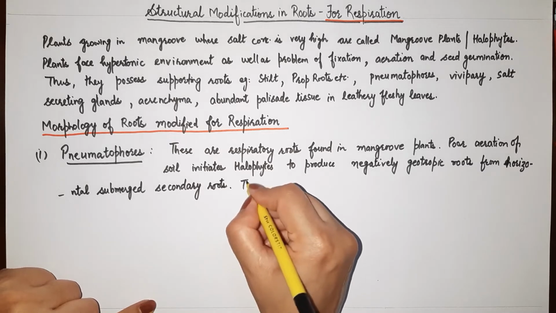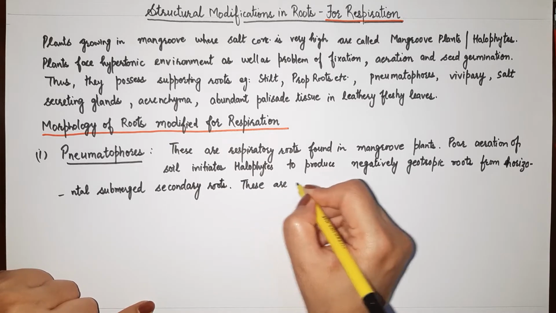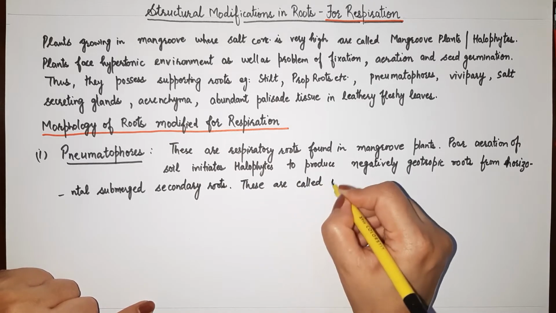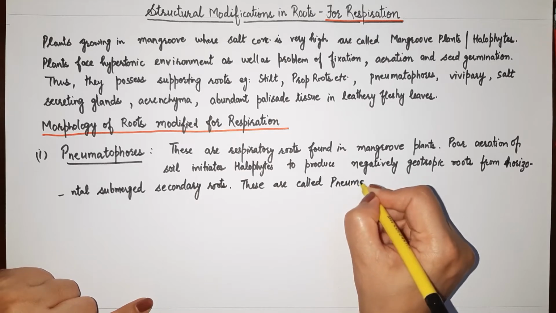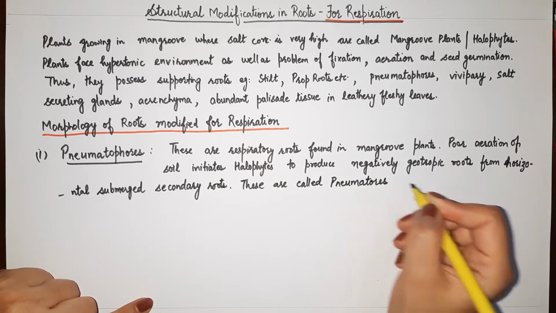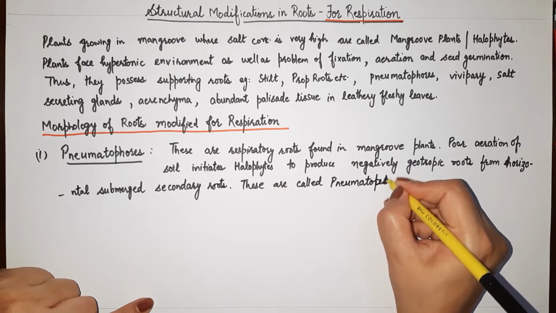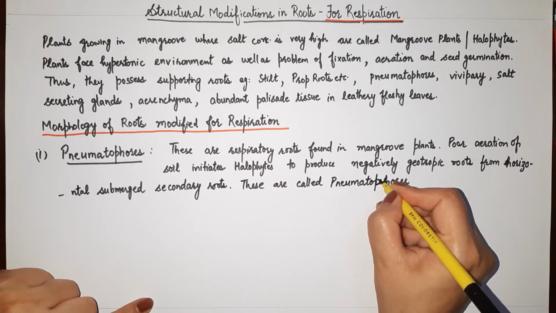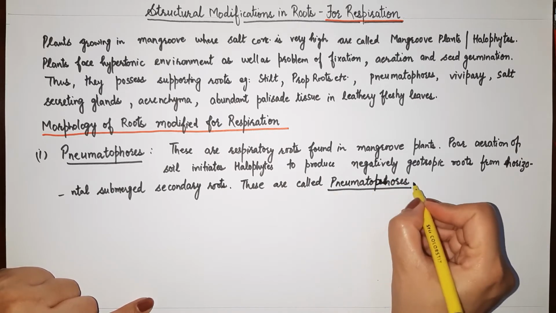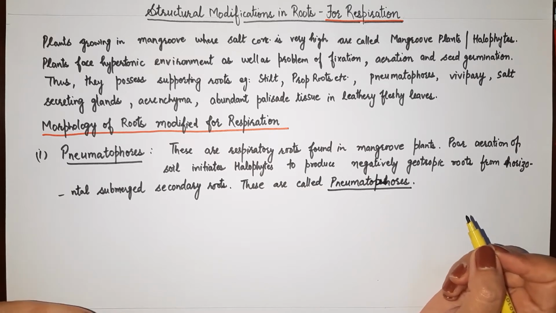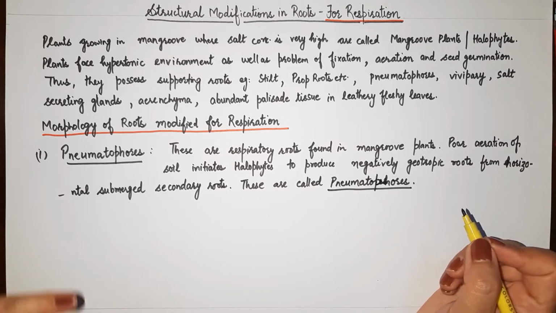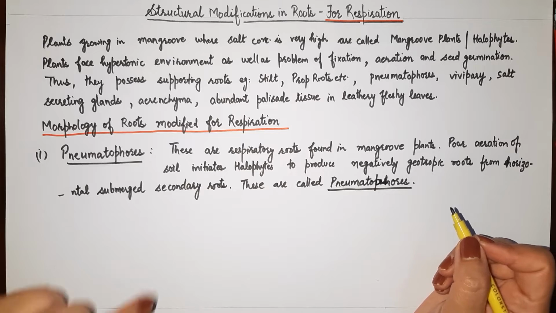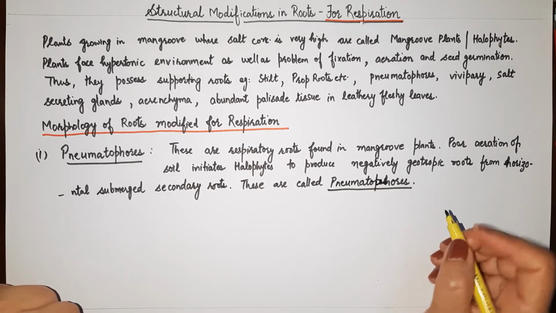Okay, these are called pneumatophores. So these are negatively geotropic aerial branches of roots which are growing underground as the secondary roots.